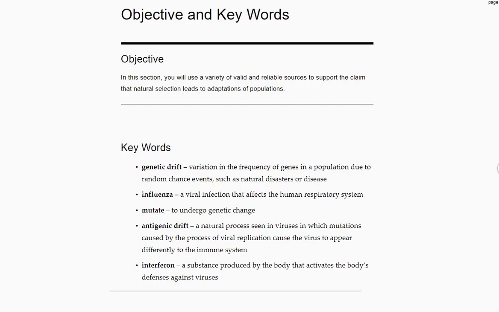So, viruses mutate, and as we have talked about before, in order for a mutation to be passed along to the next generation, the mutation has to be in the reproductive cells of the organism. Well, a virus is just a virus. There are no reproductive cells.